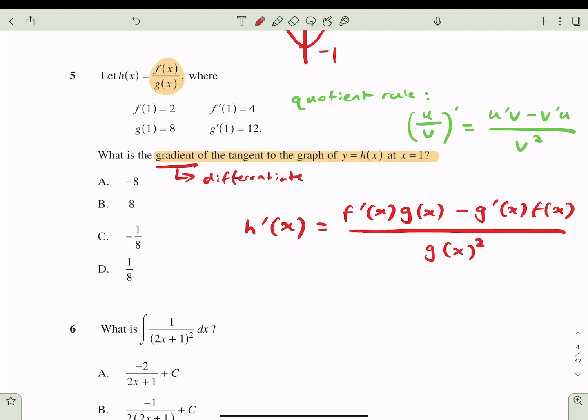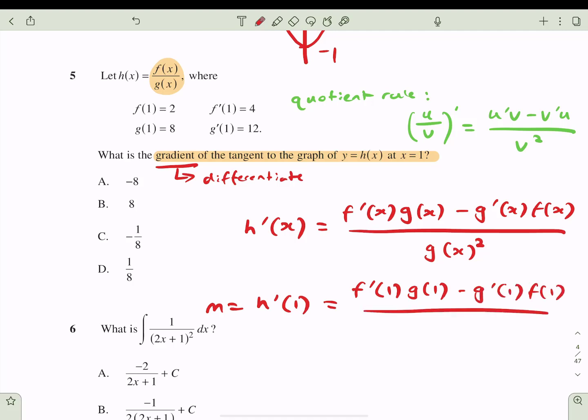However, gradient is found by subbing in my x value. So my x value in this case is x equals 1. So my gradient is actually going to equal h dash 1. That's equal to f dash 1 times g1 minus g dash 1 times f1 all over g1 squared.